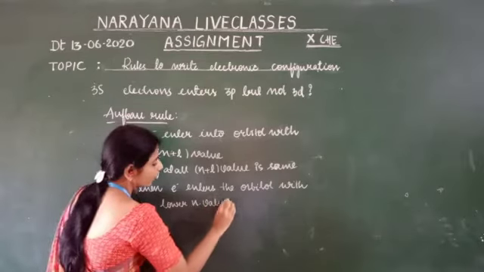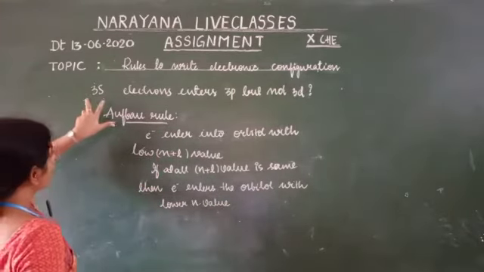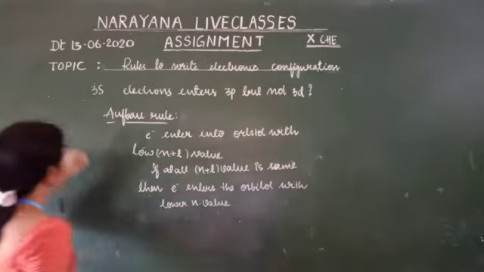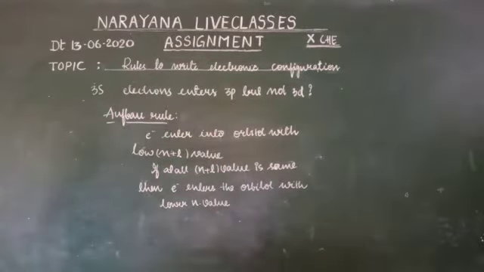So here we have to observe the n plus l values of 3s, 3p and 3d, so that we can explain the answer for this question.